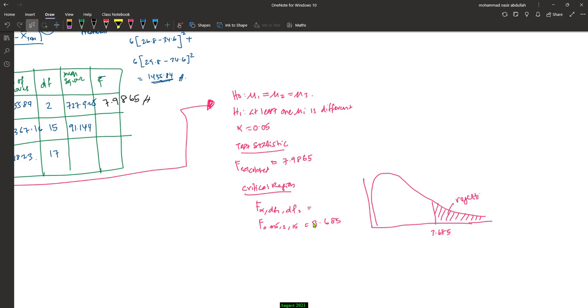This is the rejection region, and this is the acceptance region.